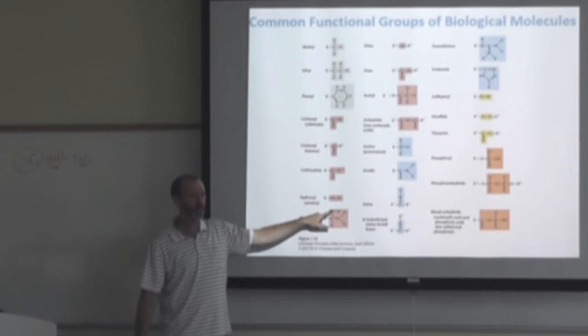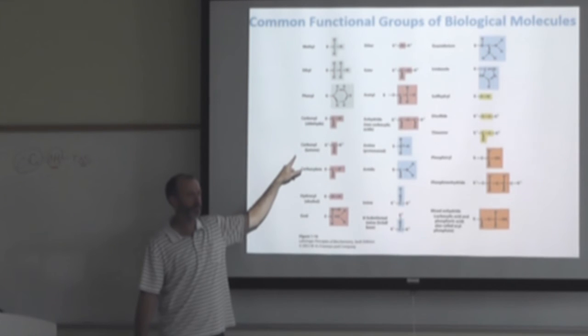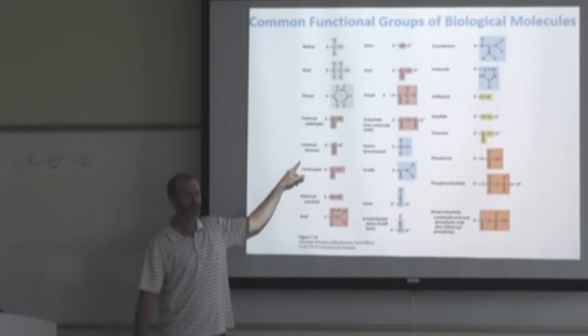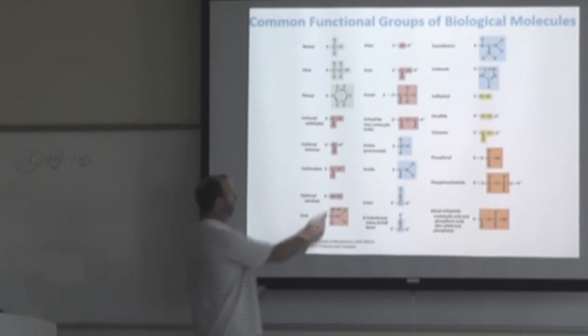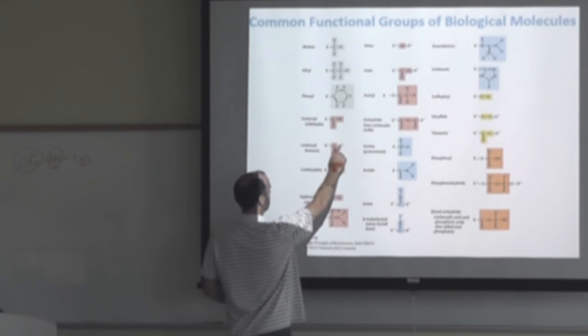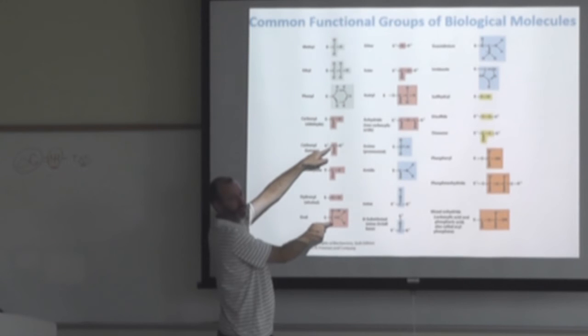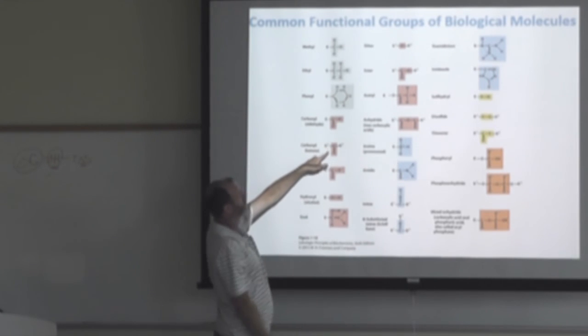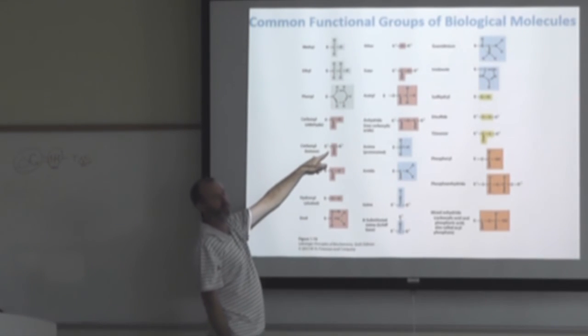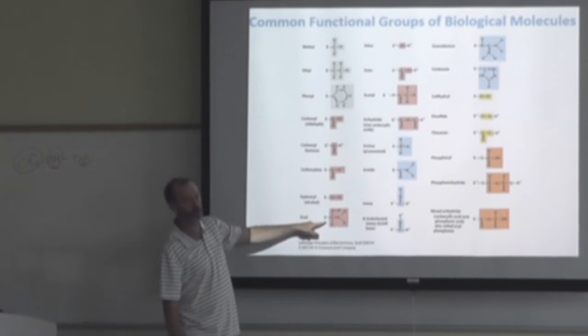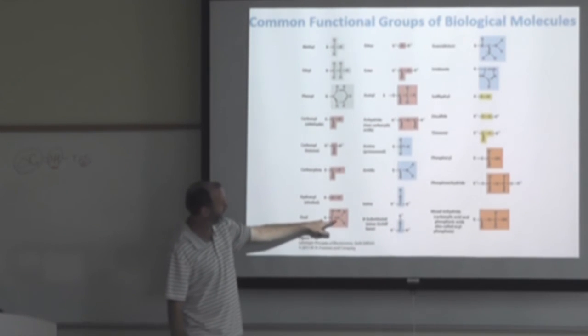You ever heard of those keto-enol shifts? You don't remember that? If you had another carbon here with the 3 hydrogens, these will exist together in an equilibrium. It heavily favors the carbonyl, the ketone. But you'll get a keto-enol shift once in a while where you have the ene and the alcohol.